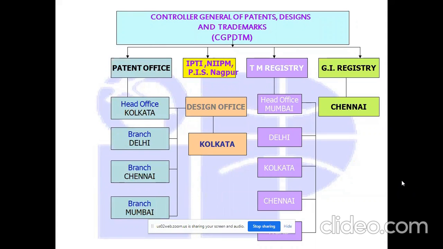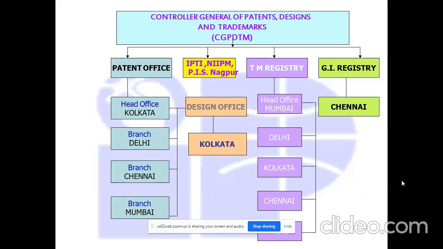This slide shows the Controller General of Patents, Designs and Trademarks, the patent office, the registry, the IPTI, NIPAM, also in Nagpur and in the Delhi region, right? The GI registry has only the Chennai office, and the head office of the patent office is in Kolkata, with offices in Delhi, Chennai, and Mumbai, right?